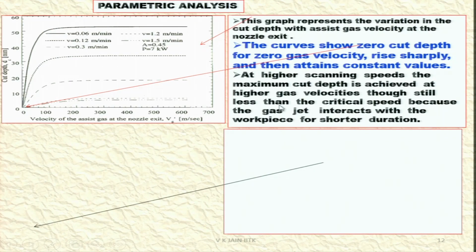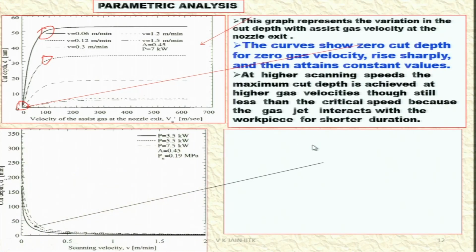At higher scanning speed, the maximum cut depth is achieved at higher gas velocity, though still less than the critical speed, because the gas jet interacts with the workpiece for shorter duration.